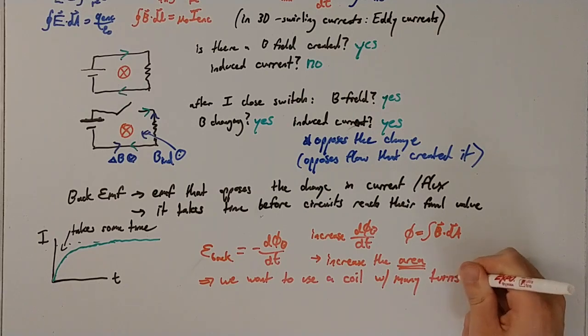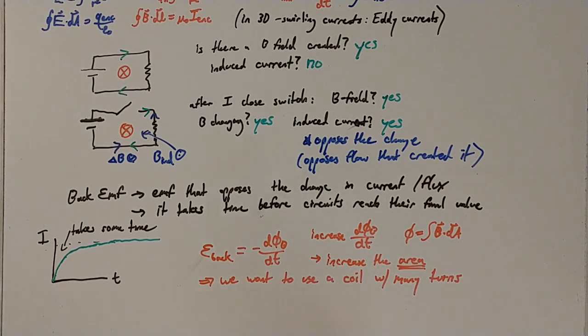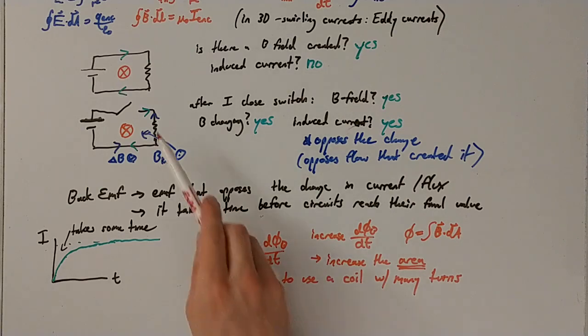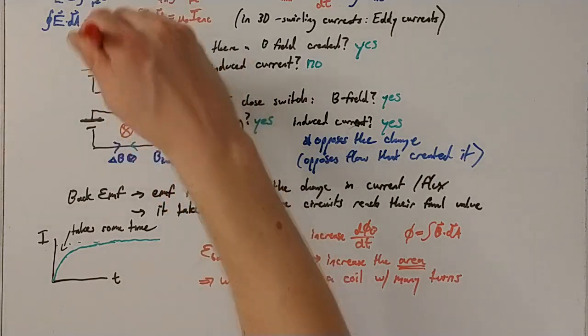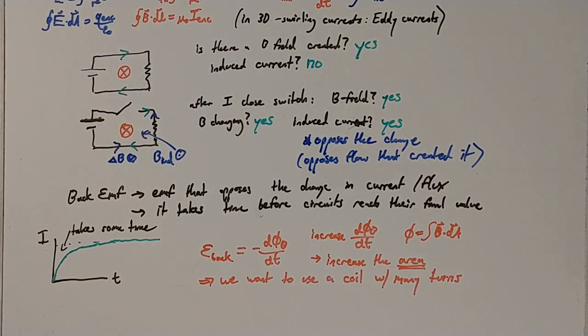If you wanted to increase the self-inductance of a circuit, you want to increase the area, which means taking your wire and wrapping it with many turns. Make it enclose not just one go around, but lots and lots of area.